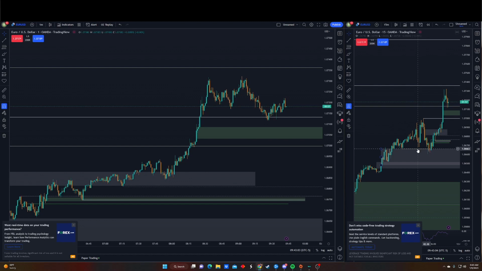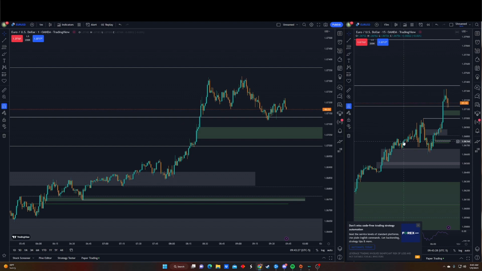What? It's taking its time, that's for sure. I'd want to see it explode away from that and run aggressively from 107.362. But it's not doing that.